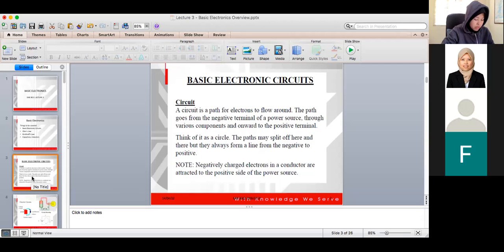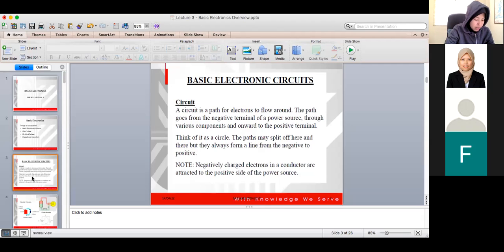Okay, let's move on to basic electronics. The first thing you need to understand, the most important thing, is the circuit. What is a circuit? A circuit is a path for electrons to flow around.